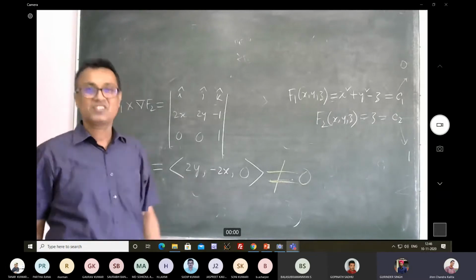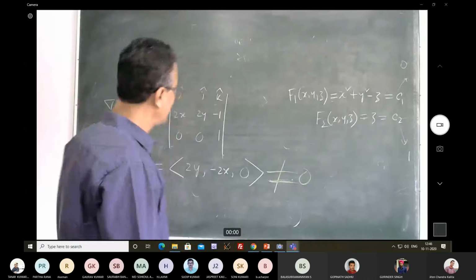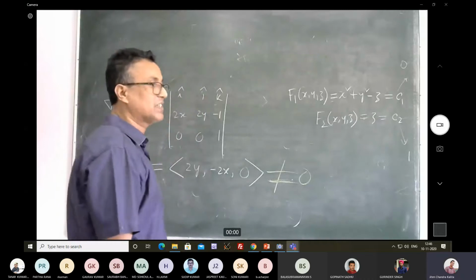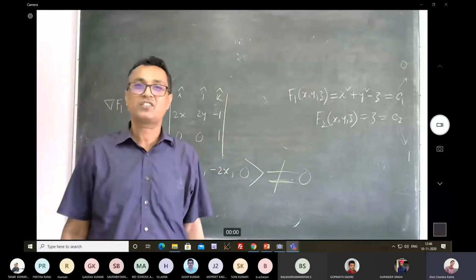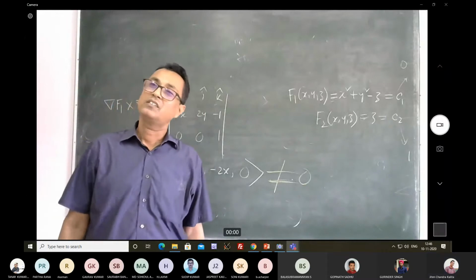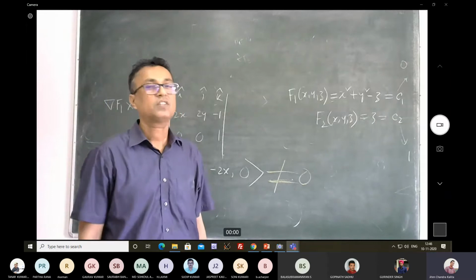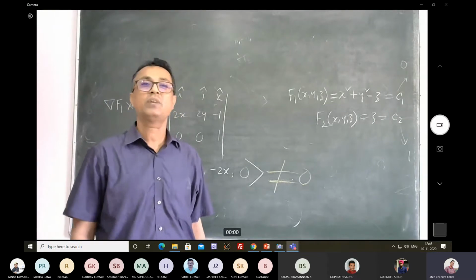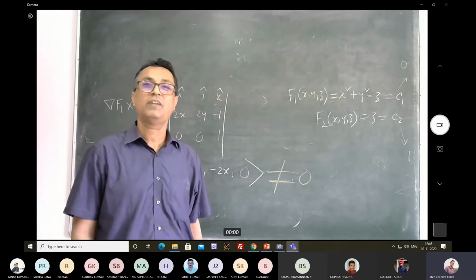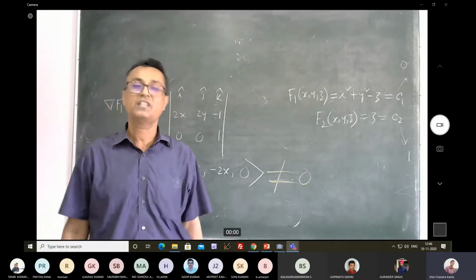So if I choose my domain in such a way that it does not include the z axis, then for any curve of intersection coming out of two surfaces in that domain, at all the points you'll be able to define a tangent.